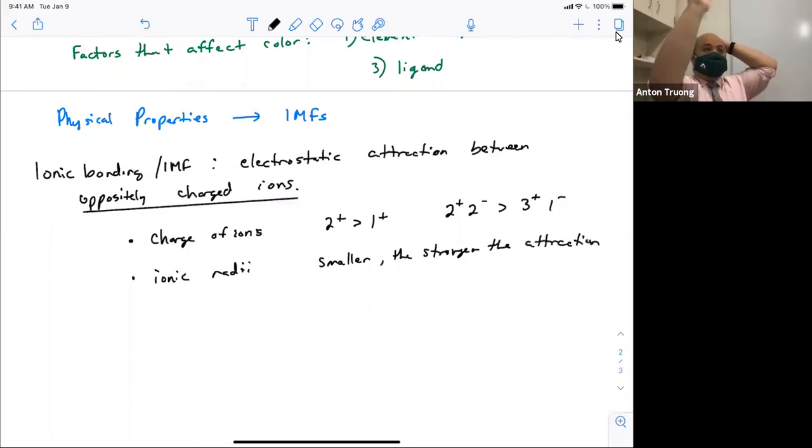So if everything has the same charge, then you go, okay, which compound has the smallest ions? And then that will dictate your strength.